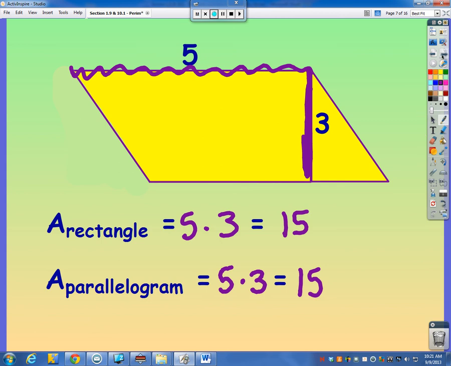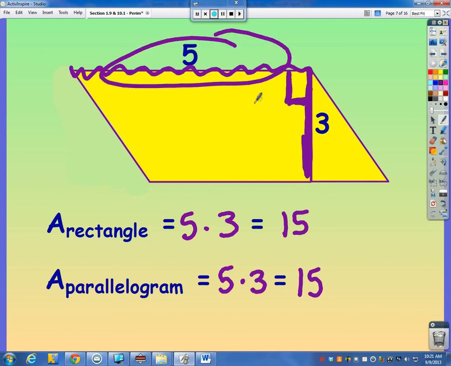Here is one important thing to note. Let me jump back here. The base and the height of any shape are always going to be perpendicular. So if you can locate the base and you can locate a 90-degree angle or put one in, then the other piece that's adjacent to the 90-degree angle is going to be your height.